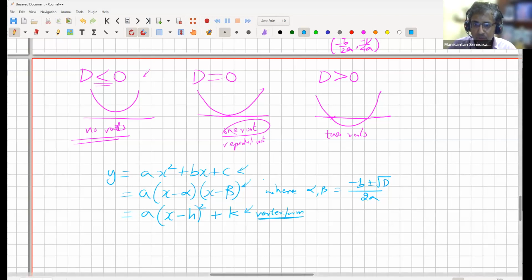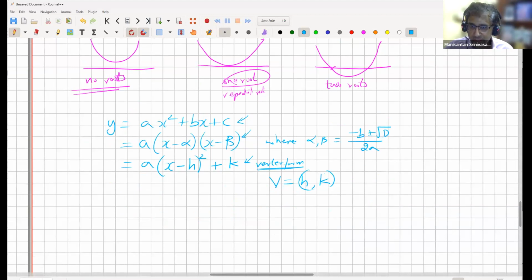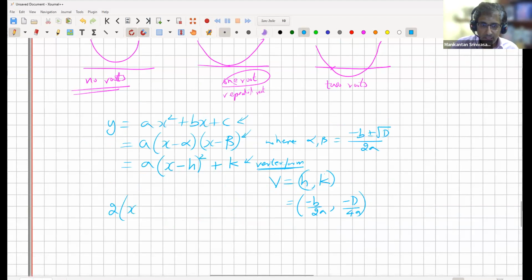I can read off the coordinates of the vertex right from here. The vertex coordinates are h comma k. And our h is what we just saw, right? Minus b by 2a is the x coordinate of the vertex, and minus d by 4a is the y coordinate of the vertex, right?